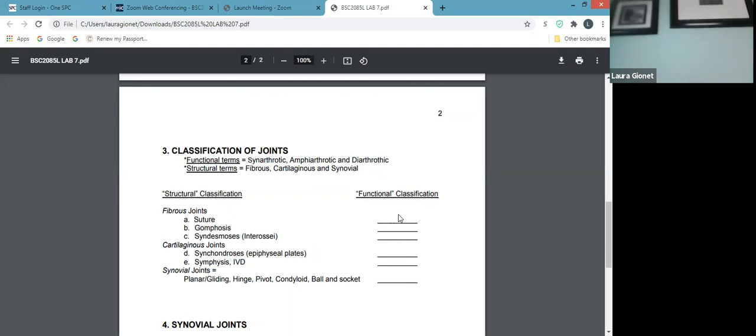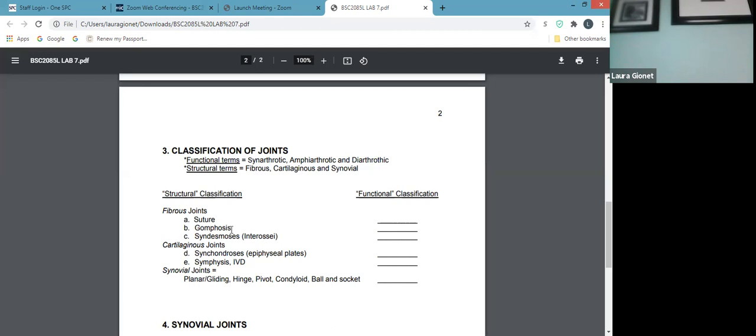You look at a suture and you go, okay, that's a fibrous joint. How much motion would I expect to occur there? Well, should you have any motion between the bones of your skull? I hope not. So you would answer synarthrotic. All right, so sutures are fibrous joints, and functionally, they are synarthrotic.